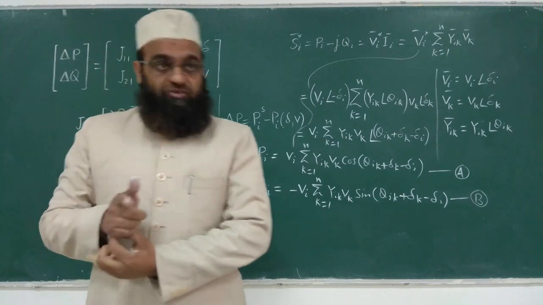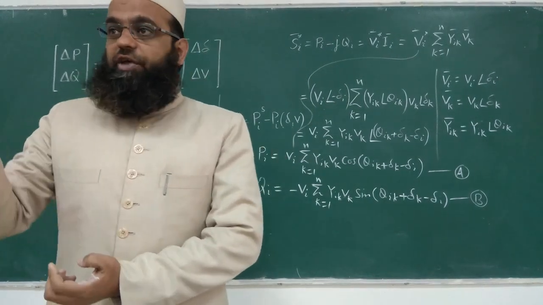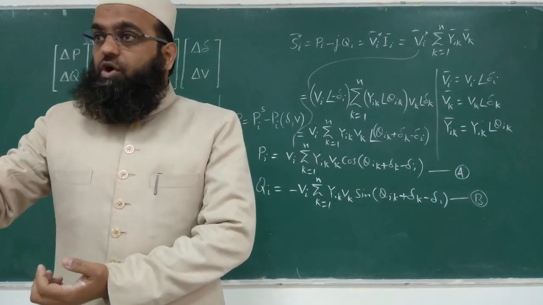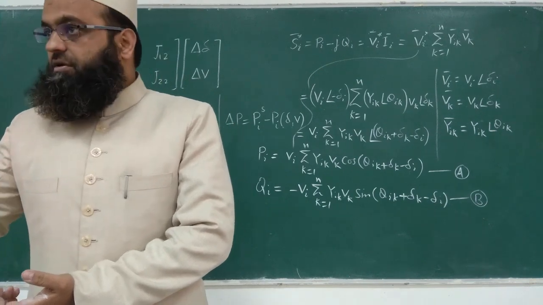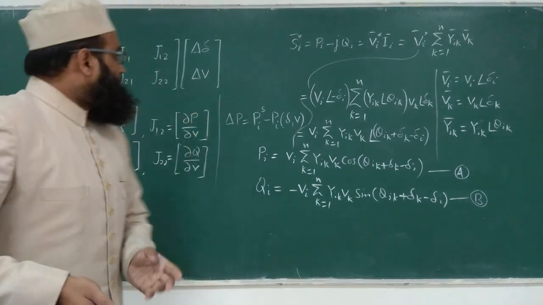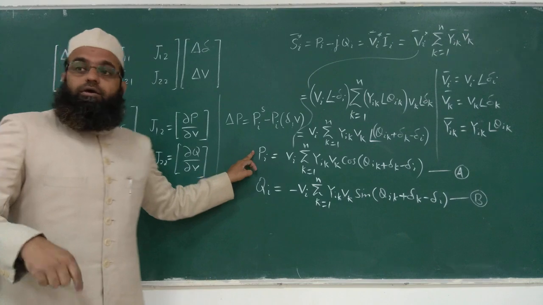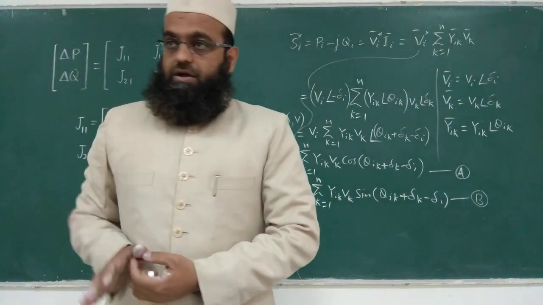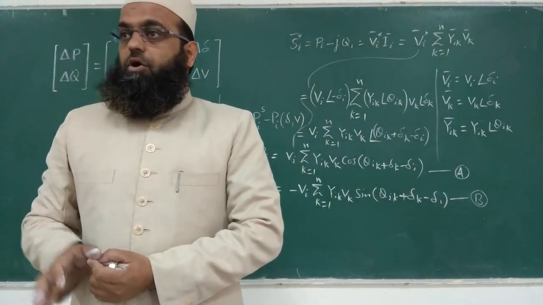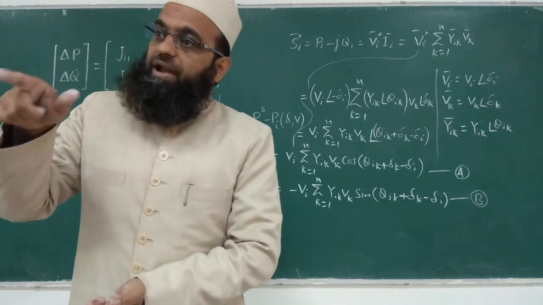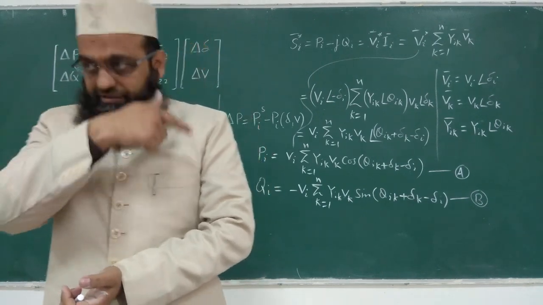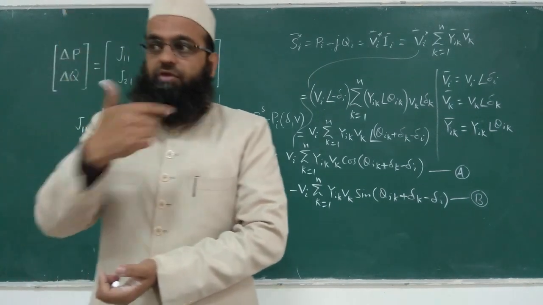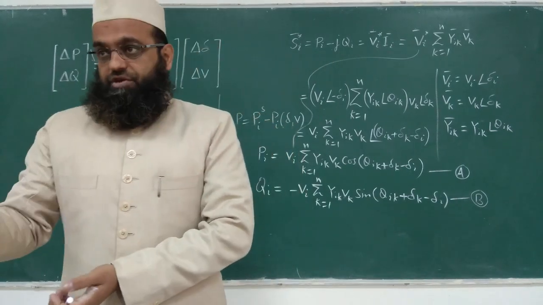Phase angles of bus voltages. What is the magnitude of bus voltages? You know that, right? So this P mainly depends on delta, or in other words, P is more dependent on, we will prove it, delta than V.